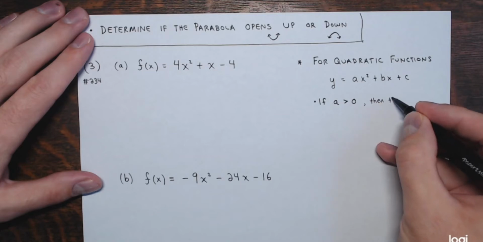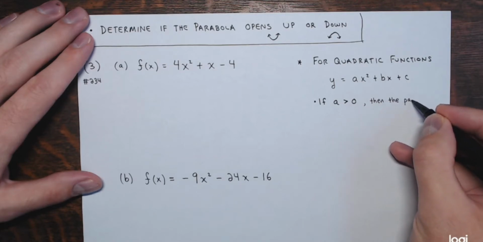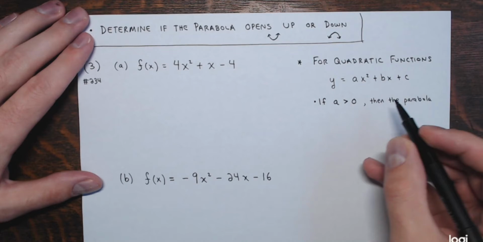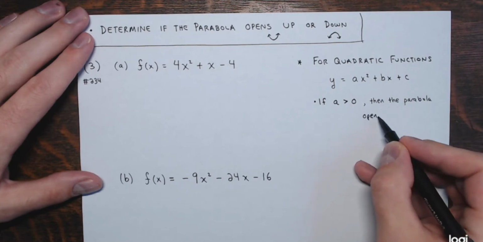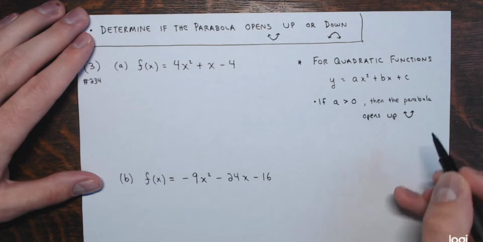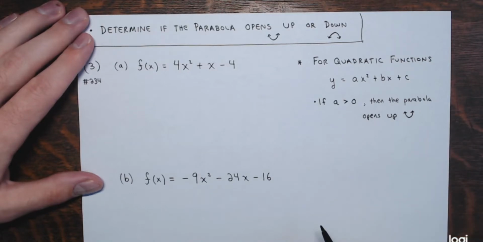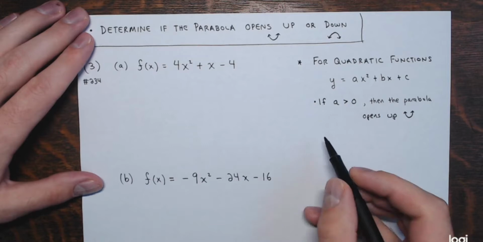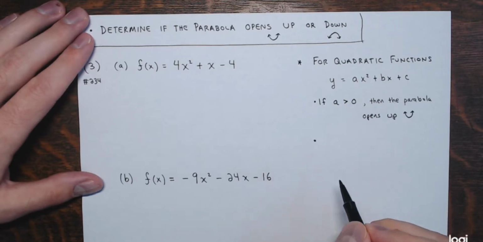then the parabola opens up. It'll be a smiley. Have a positive attitude. It's a silly way to think of it, but if it helps you remember, great.